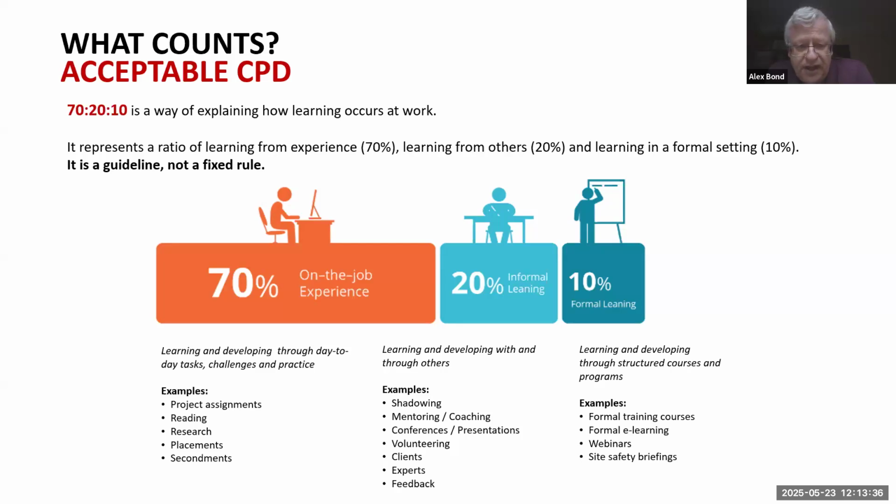There's a further 20%, which is informal learning and through things like mentoring, shadowing others, apprenticeships, volunteering. It's informal learning, but related through and learning via other people. And it is only about 10% of your learning total that will come from structured formal courses.